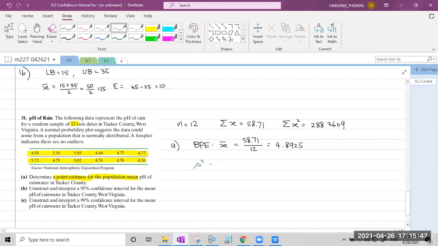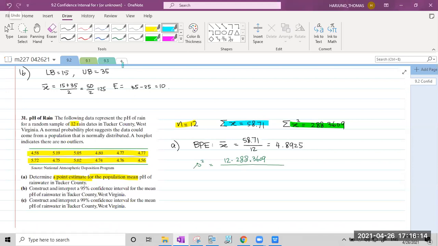Okay, let's do the sample variance first. I hope you remember the formula. That's the sample size times the sum of x squared, minus the sum of x squared. Remember, that's the first times the second minus the third squared. You learned it on the second or third day of class.